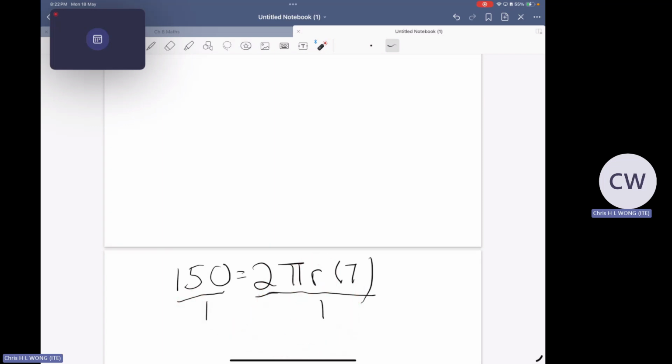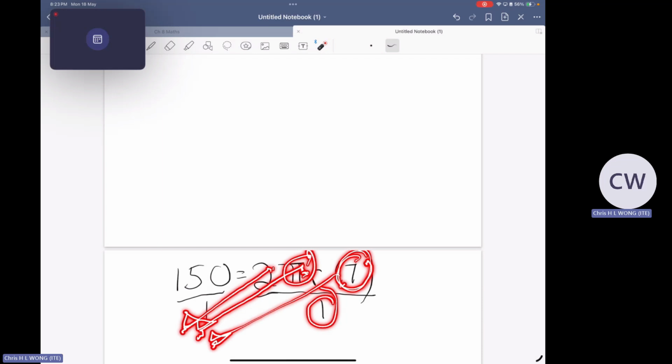I use the cross multiplication method. To throw away the 2 to the other side, I bring it over. If you're on top, when you bring it over, it becomes below. That's why you say cross multiplication. The 2 becomes below, and the pi also goes below. The r is on top of 1, and the 7 is on top, so when brought over they go below too.